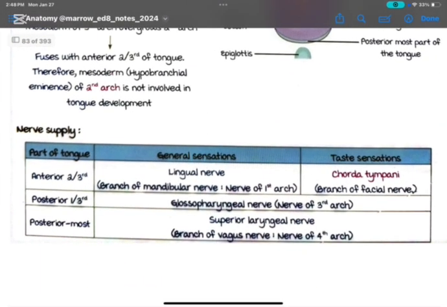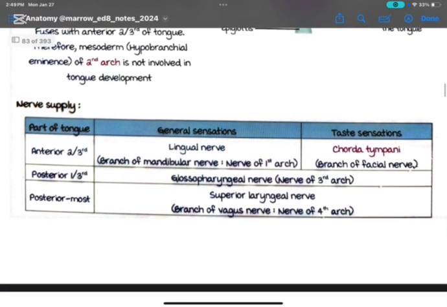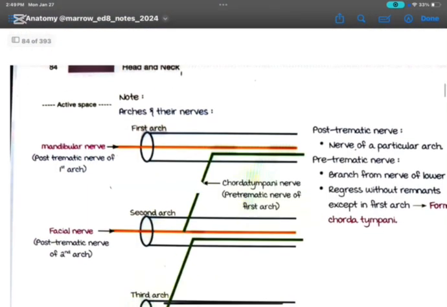Now supply anterior 2/3, general sensation lingual nerve, taste sensation chorda tympani, branch of facial nerve. Lingual nerve, branch of mandibular nerve, nerve of first arch. Posterior 1/3, glossopharyngeal nerve, nerve of third arch. Posterior most, superior laryngeal nerve, branch of vagus nerve, nerve of fourth arch.